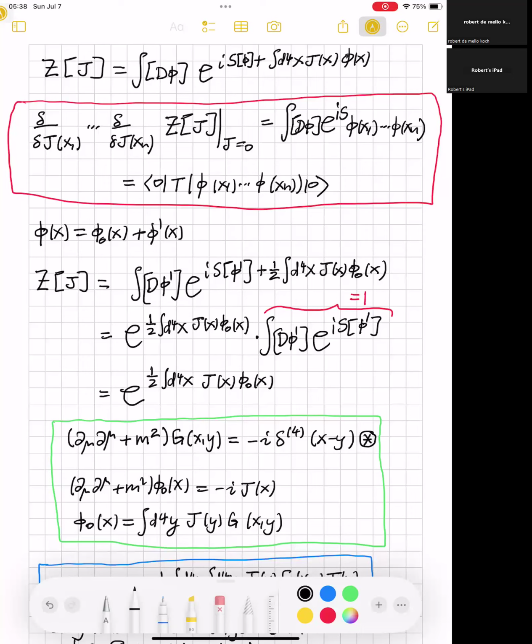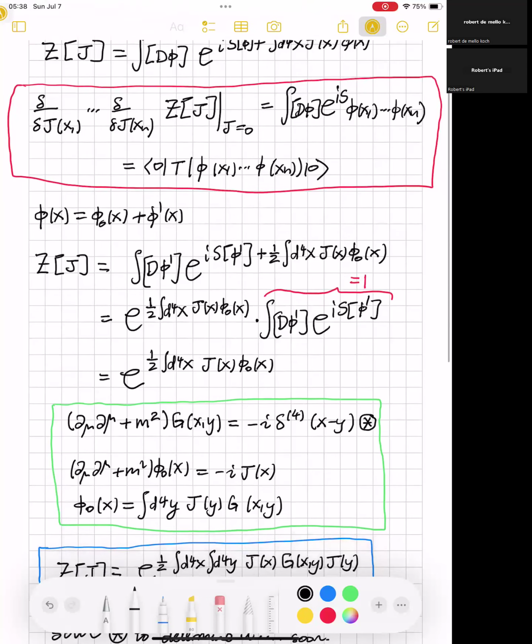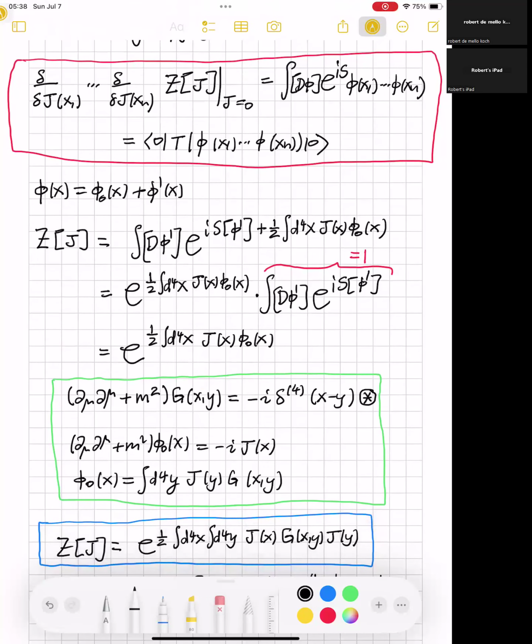And our claim was that this quantity makes contact with our previous operator quantization, because this particular path integral is equal to the time-ordered correlation function of the fields x1 up to xn. And we know how to calculate that time-ordered correlation function. So that's what makes Z of J an interesting quantity.